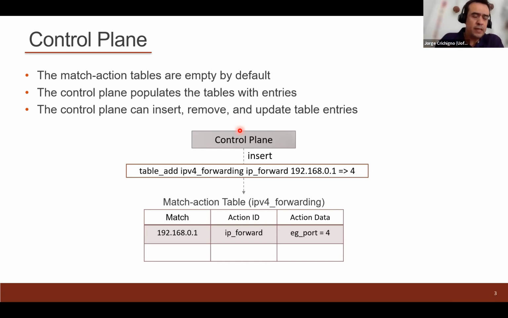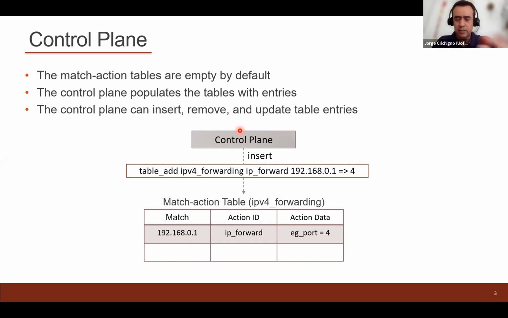By default, any match action table is empty. And if you remember the previous lab, we were using a script to populate entries in the match action tables. So today we will do it manually.